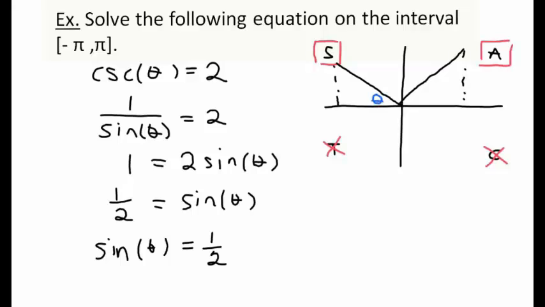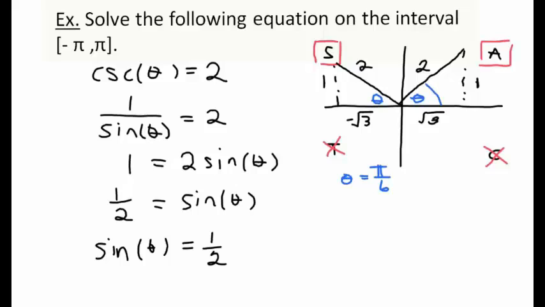And we have our 2 reference angles, theta, down here. Now sine theta is opposite over hypotenuse. So opposite is going to be 1 and the hypotenuse is going to be 2. So in this case we have a 1, 2, root 3 triangle. Since our reference angle theta is across from the smaller of the side lengths, it must be that theta is equal to 30 degrees, or theta is pi by 6.